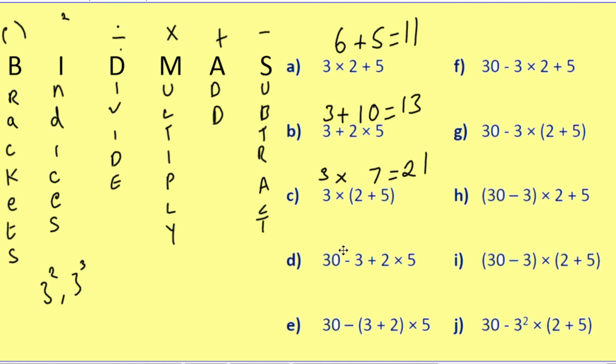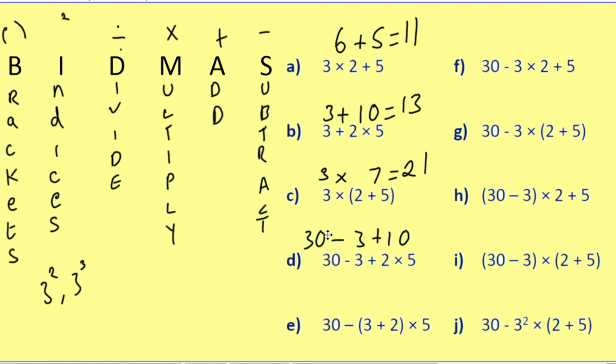We've got here a subtraction, an add, and then a multiply. So here, we're going to multiply first. This one's a bit tricky. So multiply first, which gives us 10. And now we have 30, take away 3 plus 10.